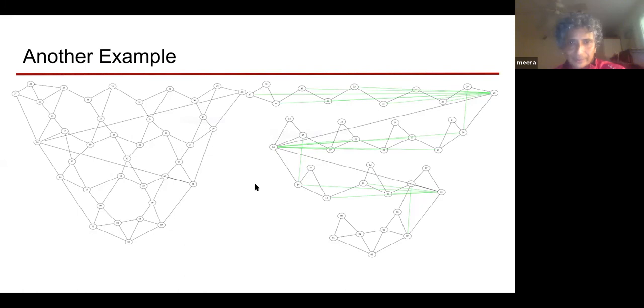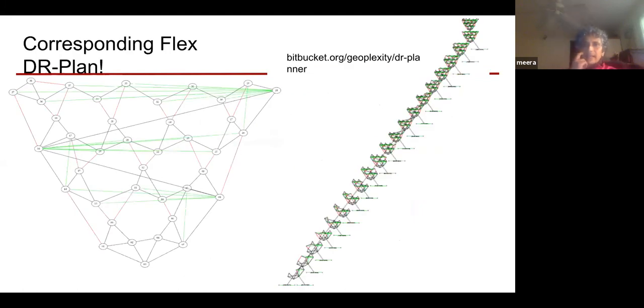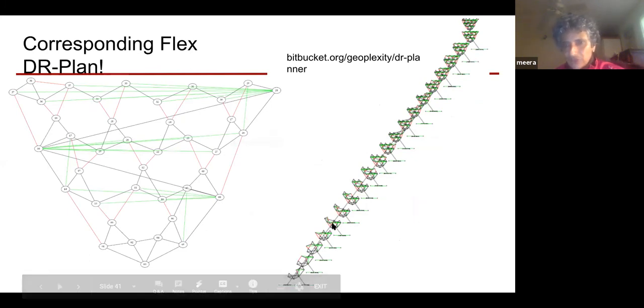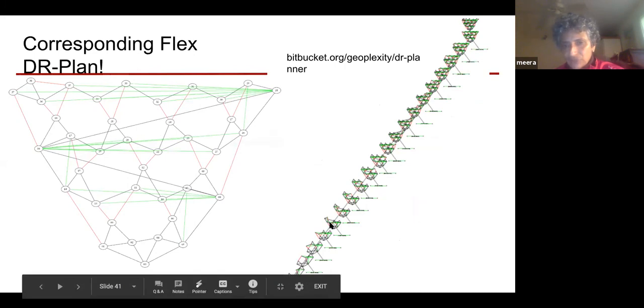So this sort of shows you the FlexDR plan. Remember, that's how we started out. So we have a FlexDR plan, but something better than just a FlexDR plan, because at each stage we actually have this branched cover that allows us to solve for these red edges, so to speak, using values of the green edges.